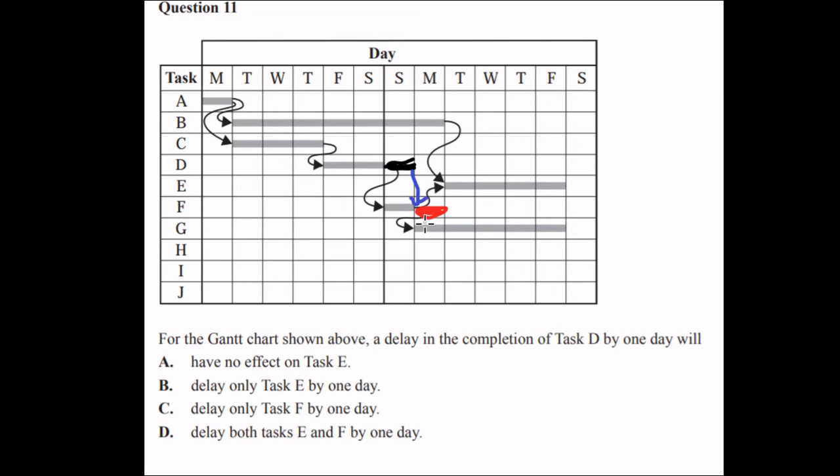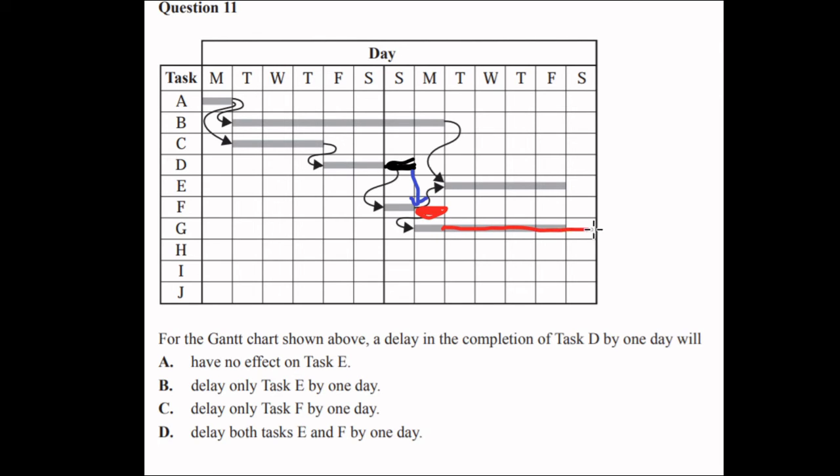So let's have a look at task G now. Our task G is only dependent on task F, which has our delay of 1 day. So therefore task G is going to be delayed by 1 day.